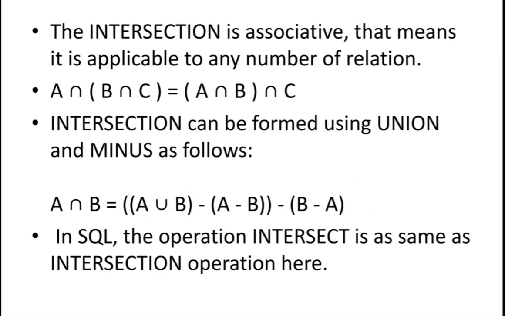That is possible. And in SQL, the operation intersect is the same as the intersection in relational algebra. Here I am using intersection, and in SQL the same operation is used as intersect.